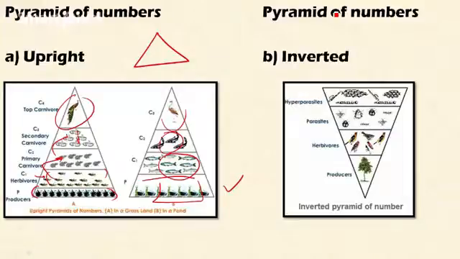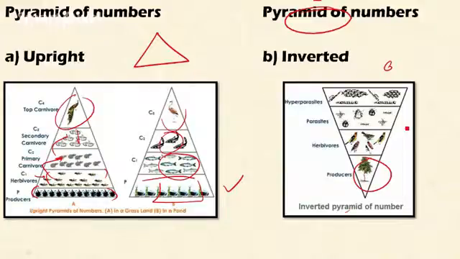Another category is the inverted position. Here we can see this in a terrestrial ecosystem, that is the forest ecosystem. In a forest ecosystem, the number of trees is less when compared to the number of birds.